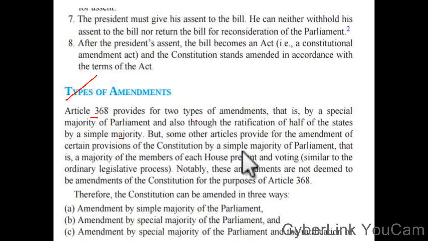But some other articles provide for the amendment of certain provisions of the Constitution by a simple majority of Parliament, that is, a majority of the members of each House present and voting, similar to the ordinary legislative process. Notably, these amendments are not deemed to be amendments of the Constitution for the purpose of Article 368.